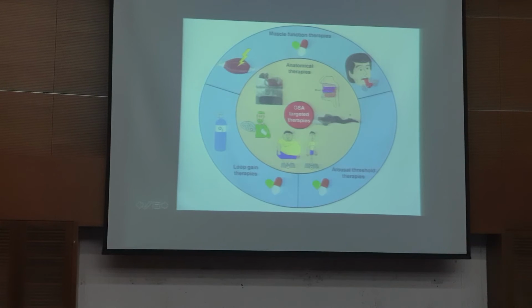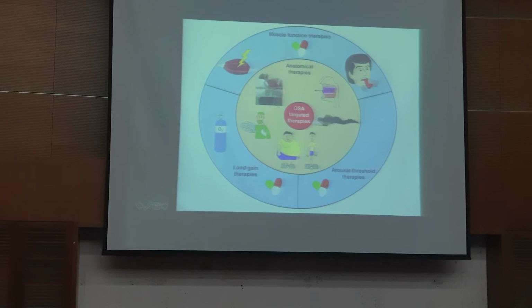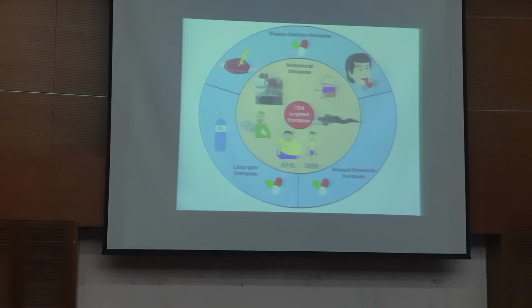If you are dealing with arousal threshold, you may give some hypnotics so that the patient does not wake up easily. Or if the patient has high loop gain, a little drop in oxygen already causes a lot of issues, so the patient may have to sleep with oxygen. So these are some future phenotyping treatments. Maybe you have some idea about this. Read up, you are specialist postgraduate level.